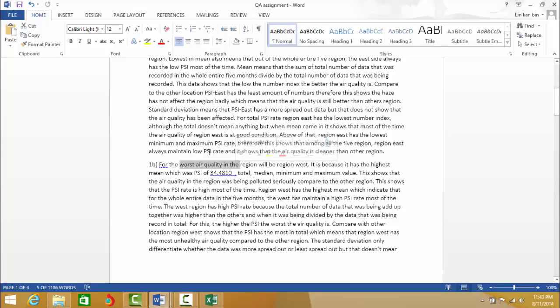For the west side, I say it has the worst air quality because the PSI is the highest among the 5 regions, and the PSI value was 34.4810. This shows that the PSI was maintained high in the region as well.